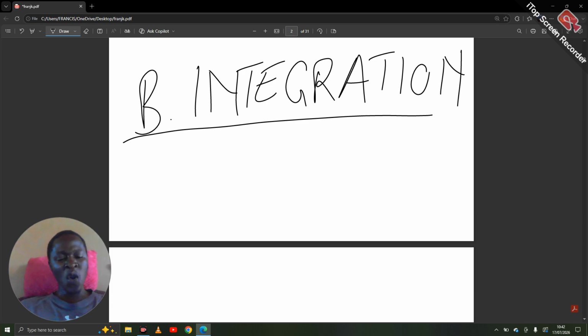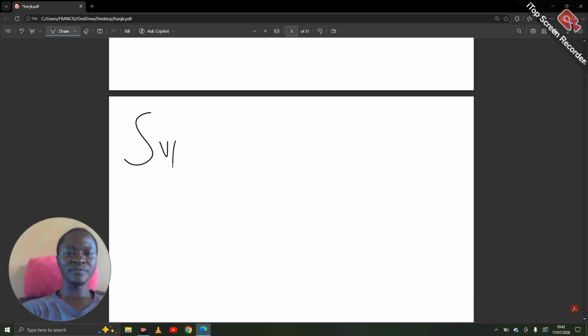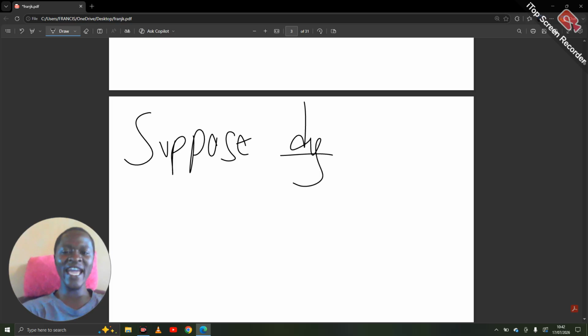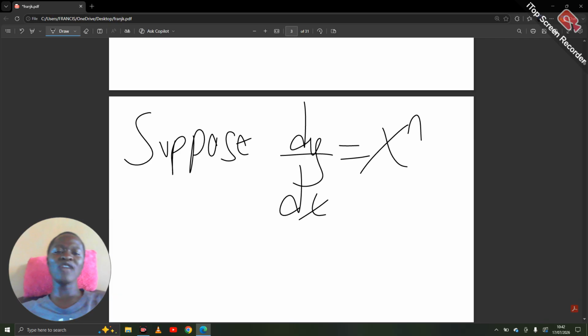Now, whenever integrating, the following should be taken keen note of. Suppose dy over dx is equal to x power n. I hope up to this point you know that dy over dx is differentiation.